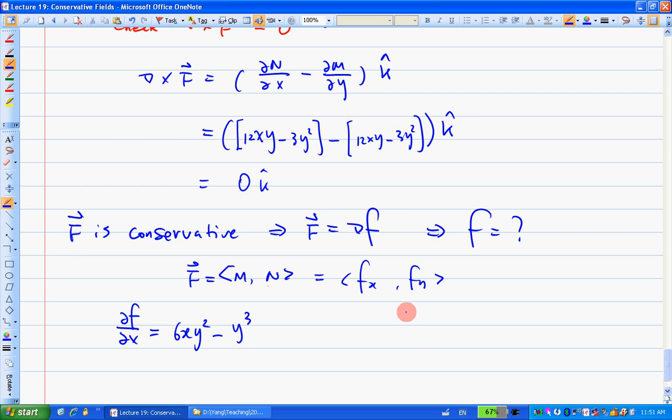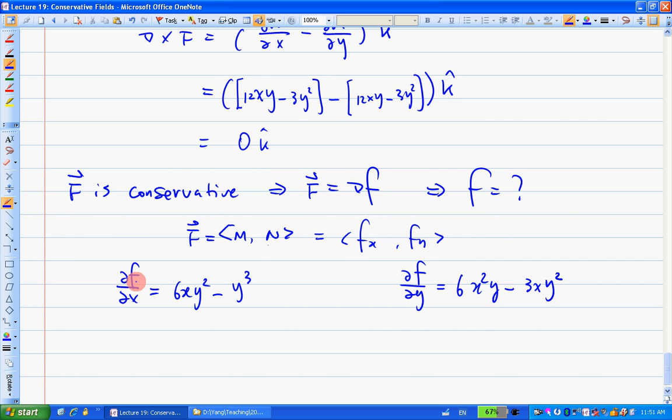And the other condition is partial f over partial y equals N, which is 6x squared y minus 3xy squared. So this is our starting point. We're trying to find the scalar function f, and the function f has to satisfy these two conditions.